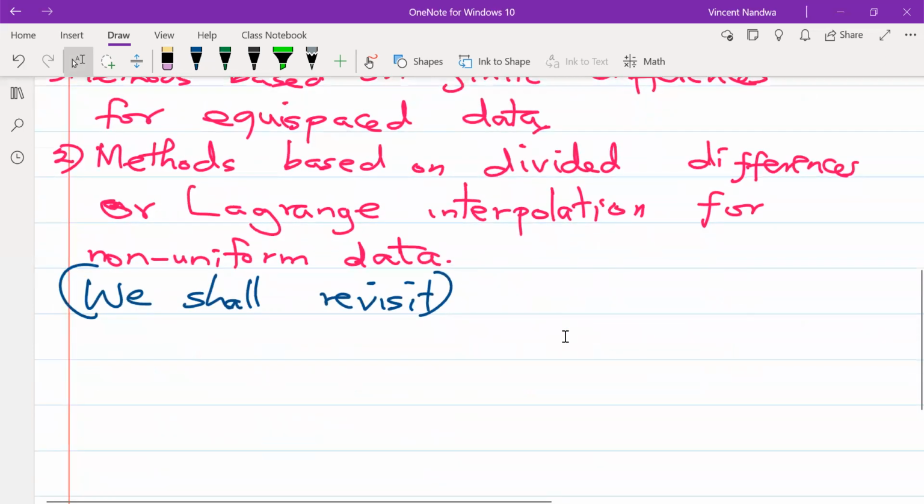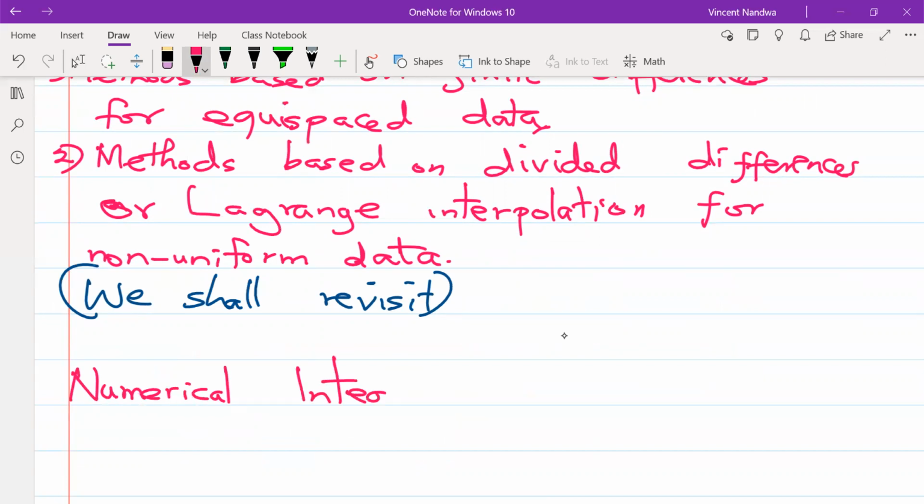So let's define the next term, numerical integration. Numerical integration is a process of evaluating a definite integral from a set of tabulated values of the integrand.